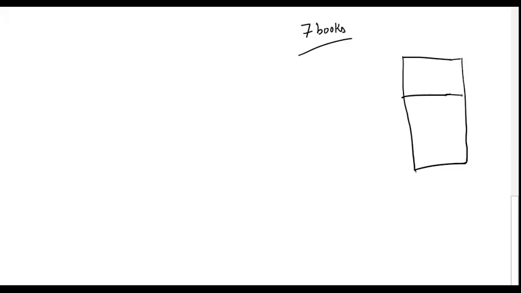Just take the example of 3 shelves, and you have 7 books. Think about it. Now, you can keep only 1 book on 1 shelf, right? Now tell me, for first shelf, how many options do we have? 7. Very good. So 7 options for first shelf.